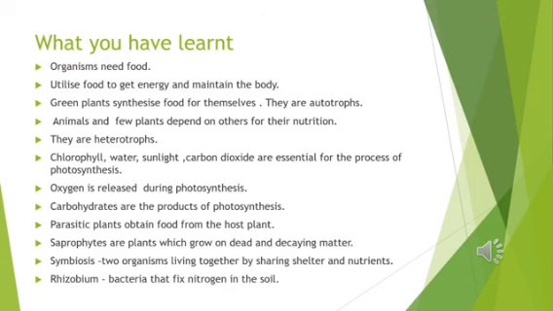Then parasitic plants, you have understood, they obtain food from the host plant. The host plant is deprived of all the nutrition and it causes harm to the host plant. Saprophytes are plants which grow on dead and decaying matter. Then symbiosis, where you have two organisms living together by sharing shelter and nutrients. Then another important term which you have to remember is the rhizobium. They are bacteria that help in fixing nitrogen in the soil. So summarize and learn all the important points from the lesson.